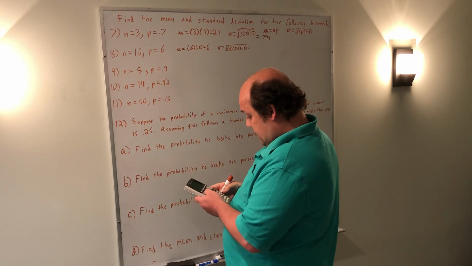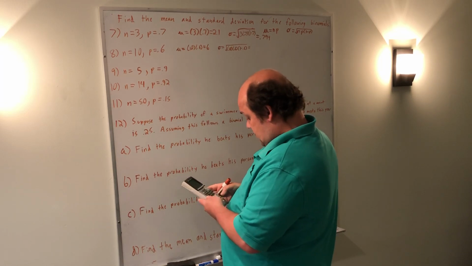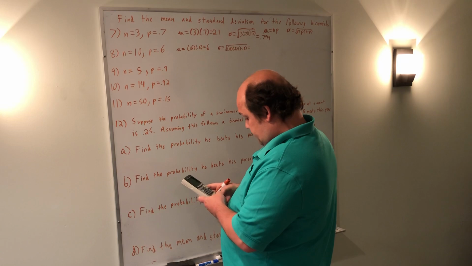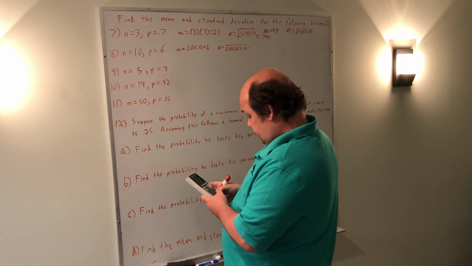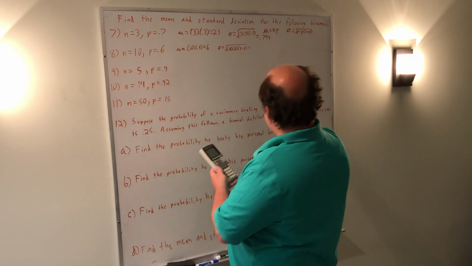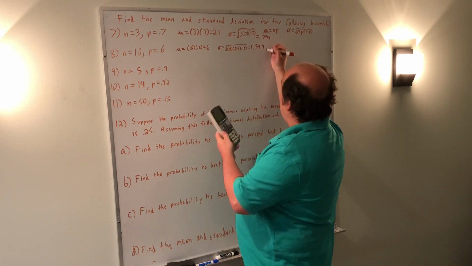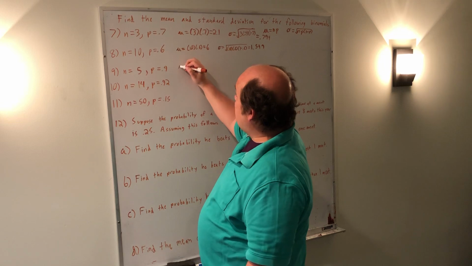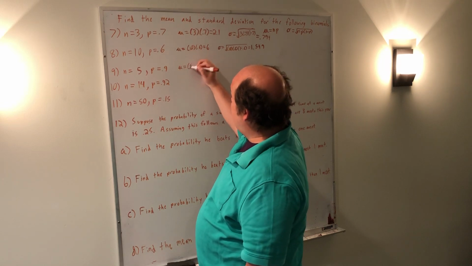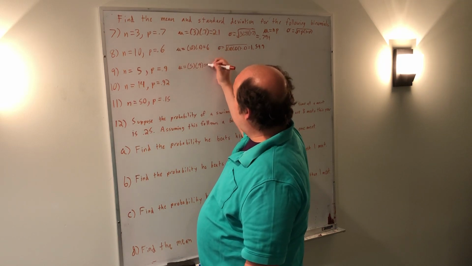When I put that in my calculator, the root of 10 times 0.6 times 1 minus 0.6, I get that to be 1.549.